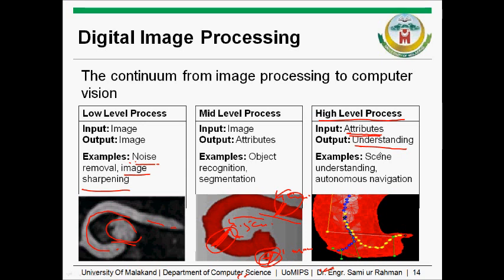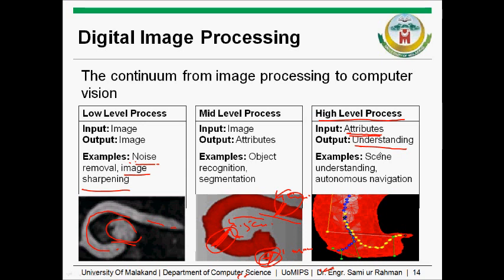So first is low level processing. In low level processing I actually increase the quality of images. I have input images, I do some processing on them, and I increase the quality or the resolution of the images. So in this case input and output are both images.